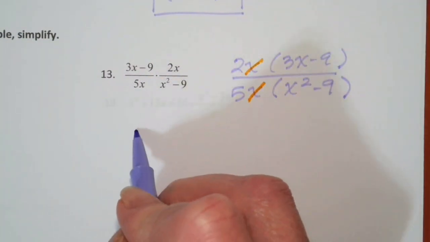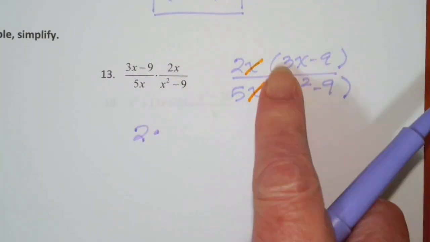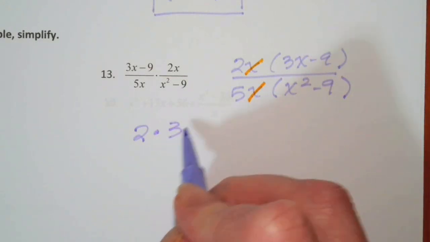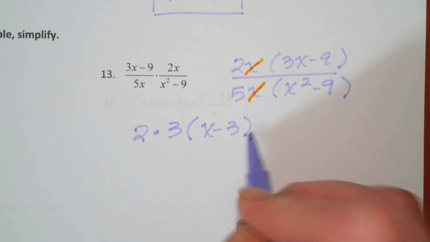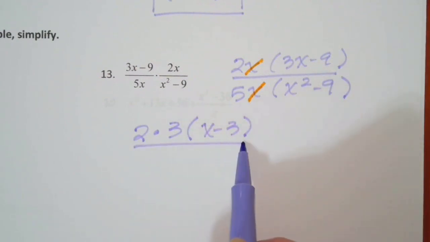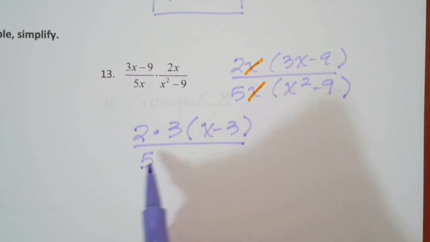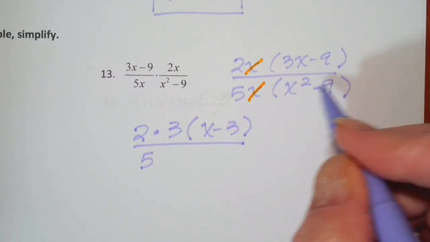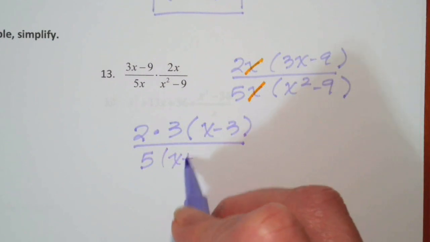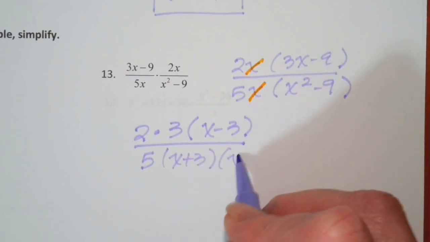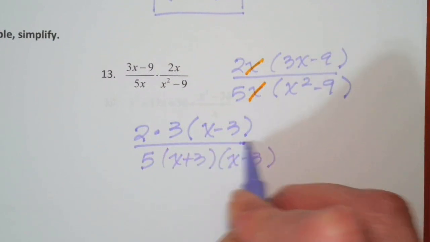So my numerator becomes 2, and I'm going to factor out my 3 here. So 2 times 3 times x minus 3 divided by 5, and this is the difference of squares that we just did earlier. So this factors into x plus 3 times x minus 3.